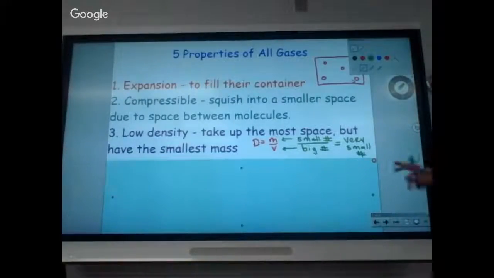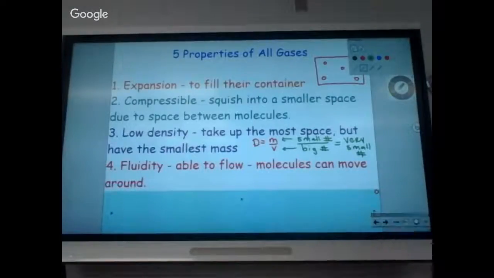All right, fluidity. Gases are fluids. Their molecules are not locked into position. They have the ability to flow and move around. So you guys are able to easily swing around in the air and move. The gas molecules are not locked into place. In a solid, and we'll talk about this again when we do solids and liquids, solid molecules are fixed.